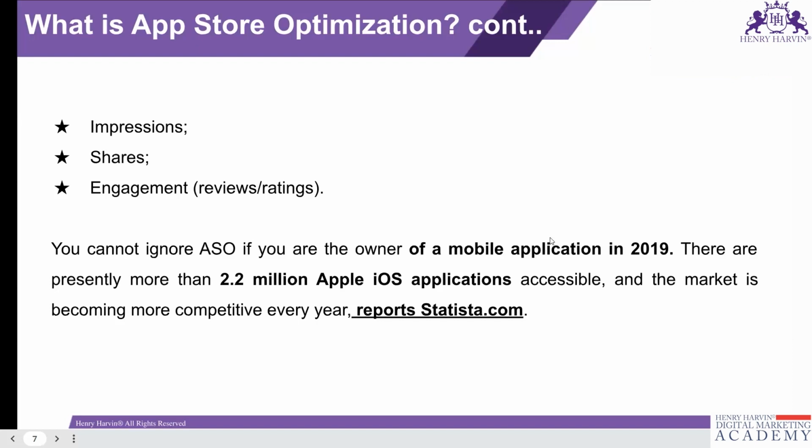In display ads, we can use that, because display ads use the cache memory and the data of the user's device, and on that basis we can target. That's why remarketing plays a significant role.